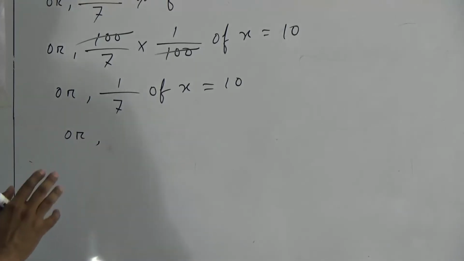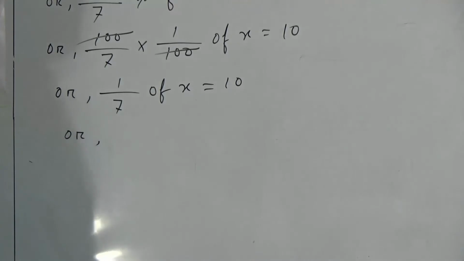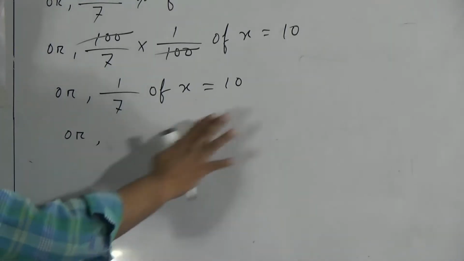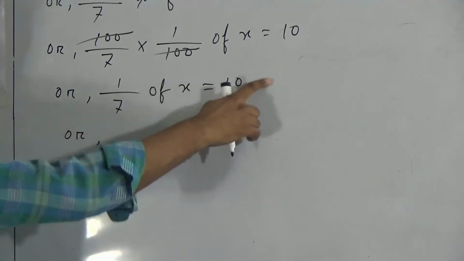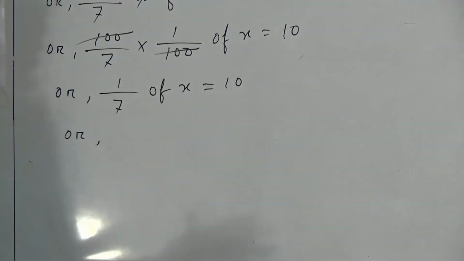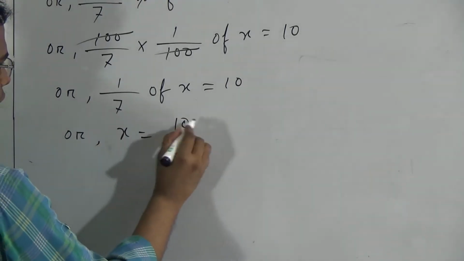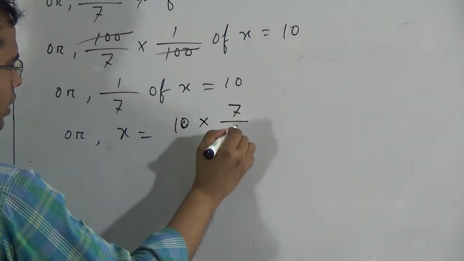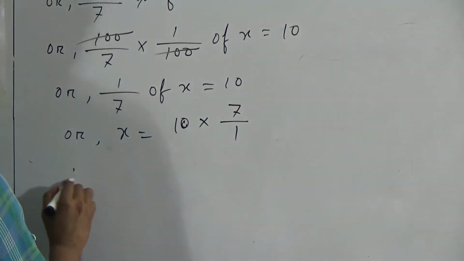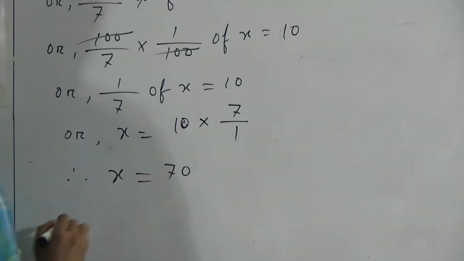Now since we have to find out the value of x, we will send this 1/7 to the right side. While we send this 1/7 to the right side, its denominator will be the numerator and its numerator will be the denominator. So x equals 10 multiplied by 7/1, and therefore x equals 7 tens, which are 70. So the answer will be 70.